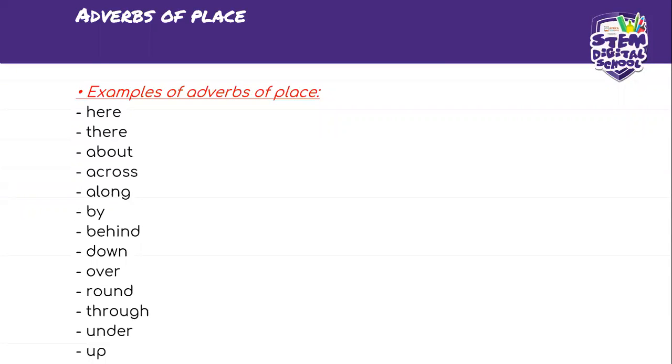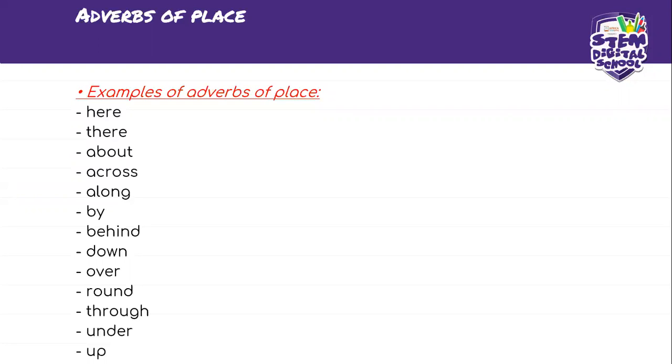Then we have by. By is also an adverb of place, because you can say, I have put your phone by the kitchen counter. By saying by, I am referring to the place or the position for you to find your phone.